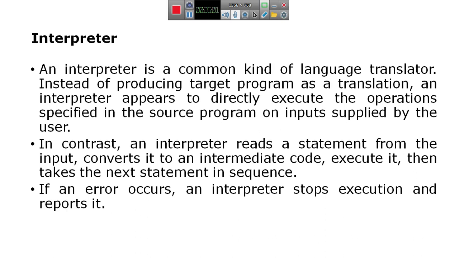It means that it translates source code to machine code line by line.